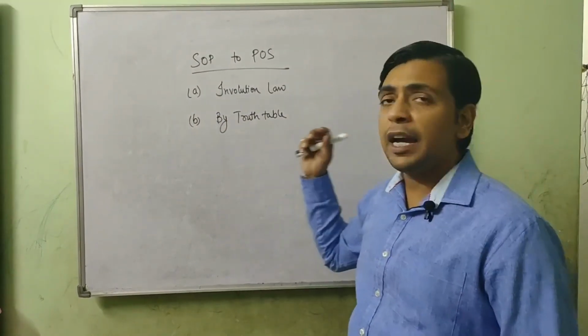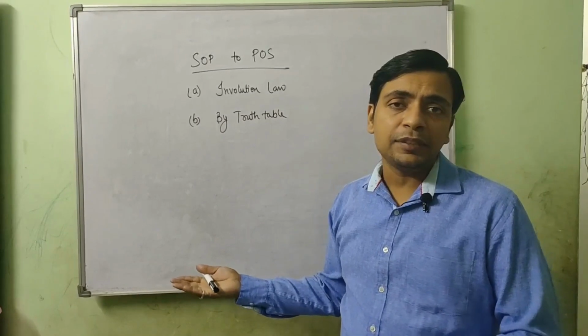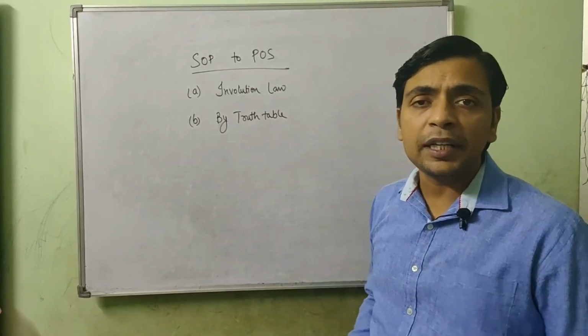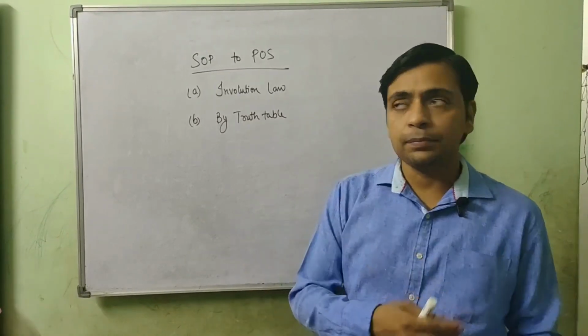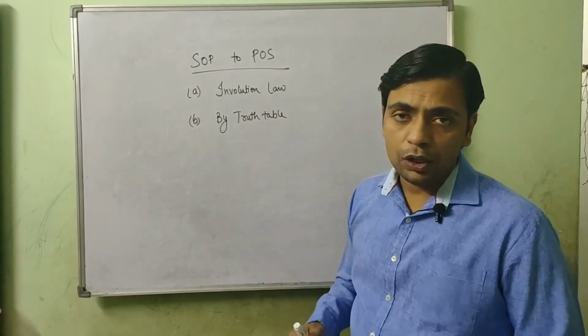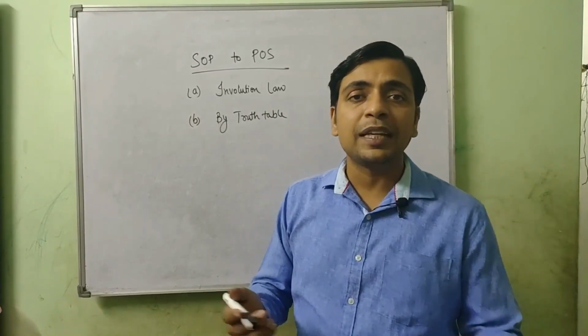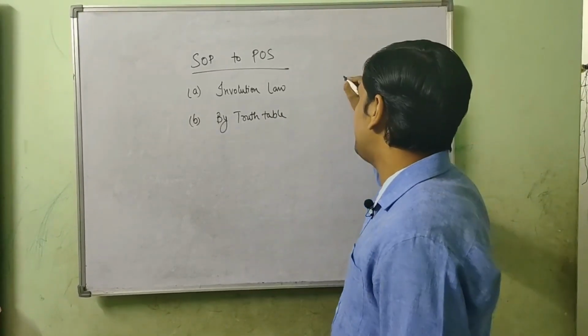Now POS is product of sum, right? So if a Boolean expression is provided to us which is a sum of product, how do we convert it into a product of sum? By involution law. Before that, for a quick revision, let me tell you what the involution law is.